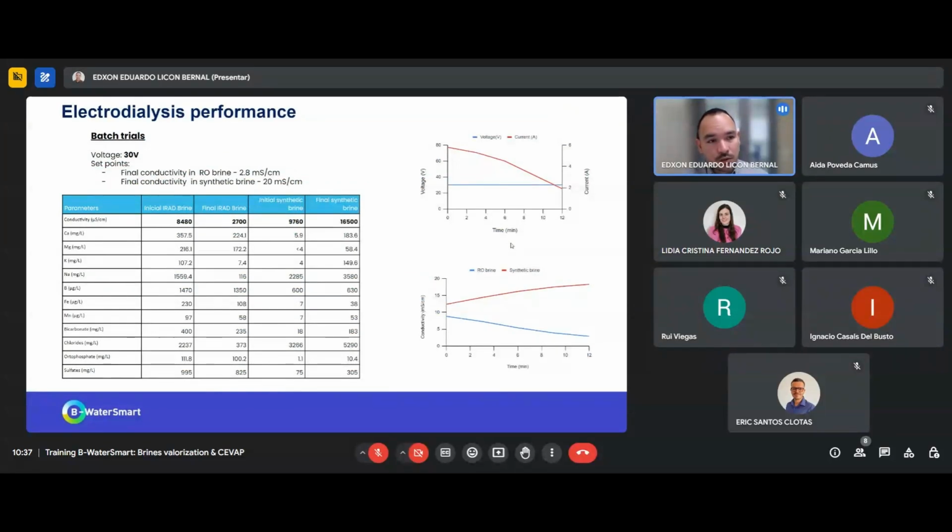One trial that was done at 30 volts, which is quite important to have a look at. In the conventional batch process, you will have one side with the feed solution that is initially at high concentration, and it ends up at a lower concentration, and a concentrated side that increases in concentration.